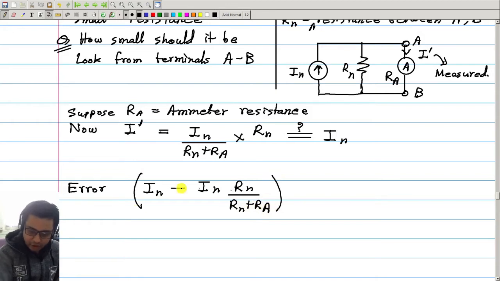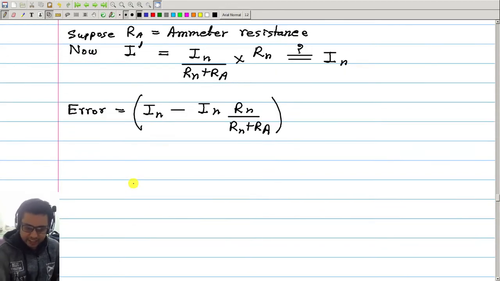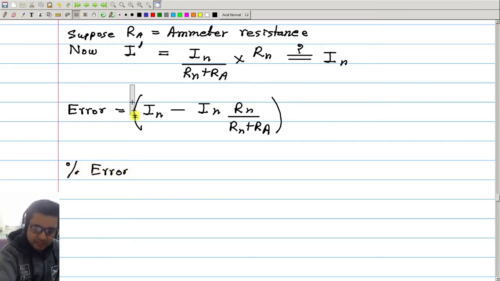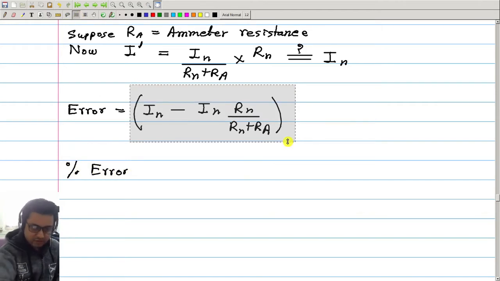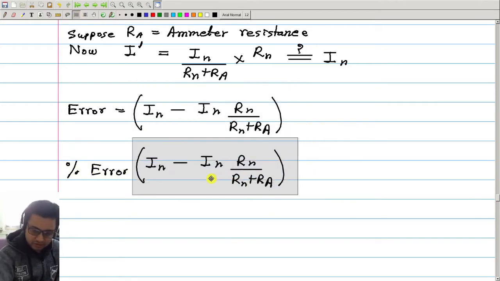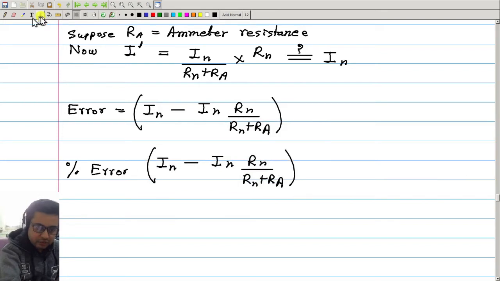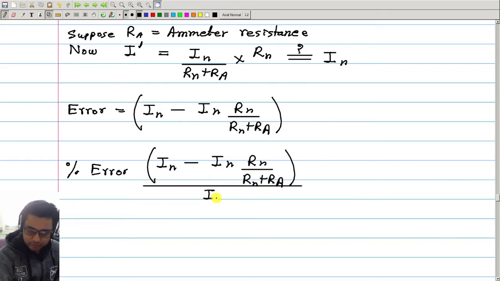This is the error, and the percentage error or relative error will be this error divided by the actual value. So this is the percentage error. You have to multiply by 100.